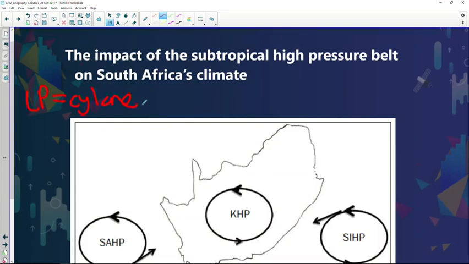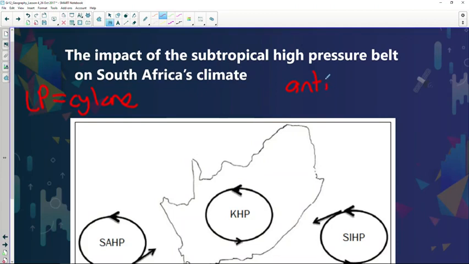But today, I want to concentrate, and what we're going to look at is anticyclones. Now, anticyclones is high-pressure systems. Now, Gr12s, if a low-pressure system, a cyclone, is rising air, well, there's a high-pressure system, sinking air.